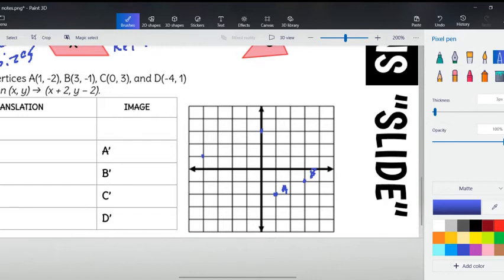Okay, and just make sure I did all those points right. 1, -2, 3, -1, 0, 3, and -4, 1. Yep, we're all correct on there. And I'll label this C and D. Okay, so without my ruler, my lines are going to be a little funky. That's okay. Oh gosh, that one's way too funky. Fine with a little bit of funkiness, but not that much. Nope, didn't get it.